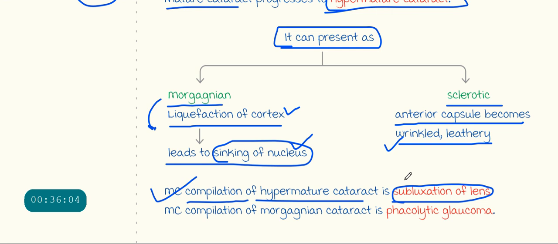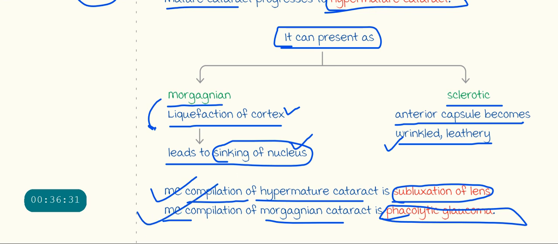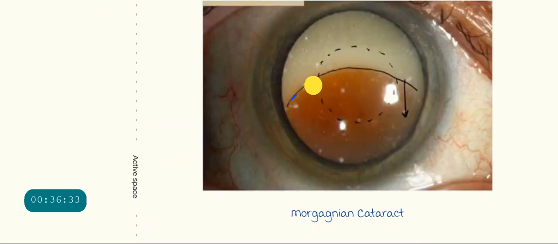The most common complication of Morgagni's cataract is phacolytic glaucoma. You can clearly see over here the Morgagni's cataract deposition.